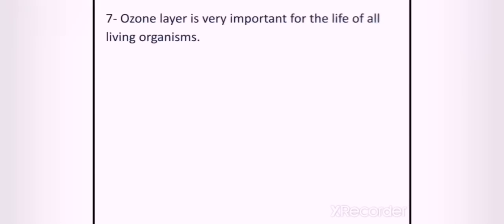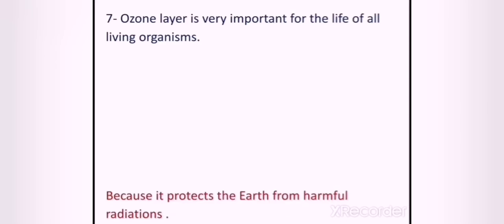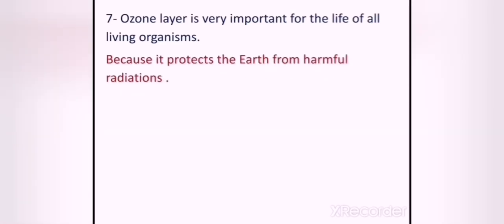Number 7, the ozone layer is very important for the life of all living organisms, or to our planet, the Earth, because the ozone layer protects the Earth from the harmful radiations coming from the sun.